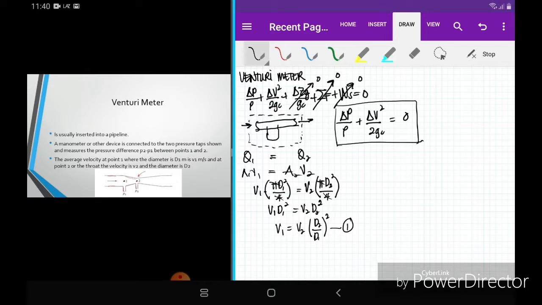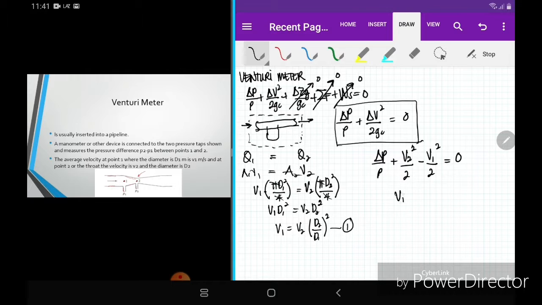SI unit tayo, so you have delta P over density plus v sub 2 squared over 2 minus v sub 1 squared over 2 is equivalent to 0. Okay, then we're gonna have transposing v sub 1 into the other side para maging positive.